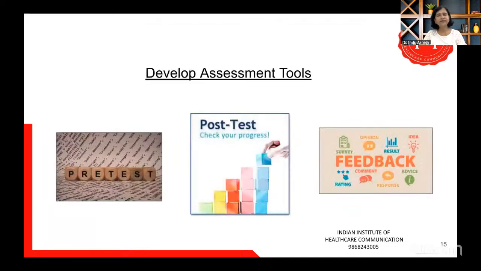At the same time, we have to develop assessment tools, pre-test and post-test, to check how much change in their knowledge or understanding you have been able to bring in, and then feedback, because feedback is a very important assessment tool to improve your own performance. So these tools should be ready beforehand, before you start the session.